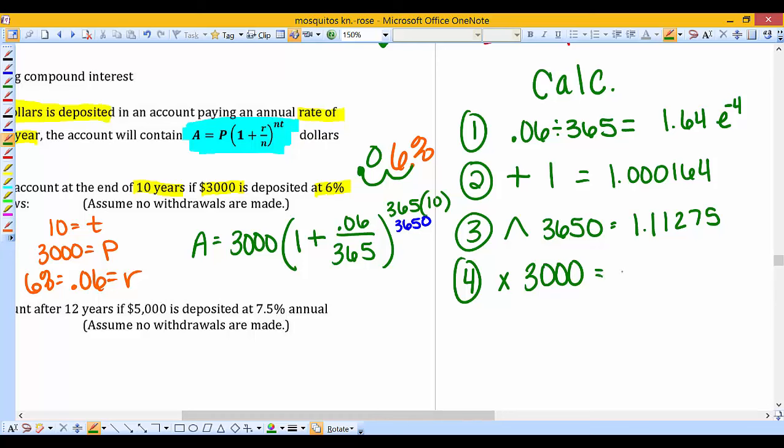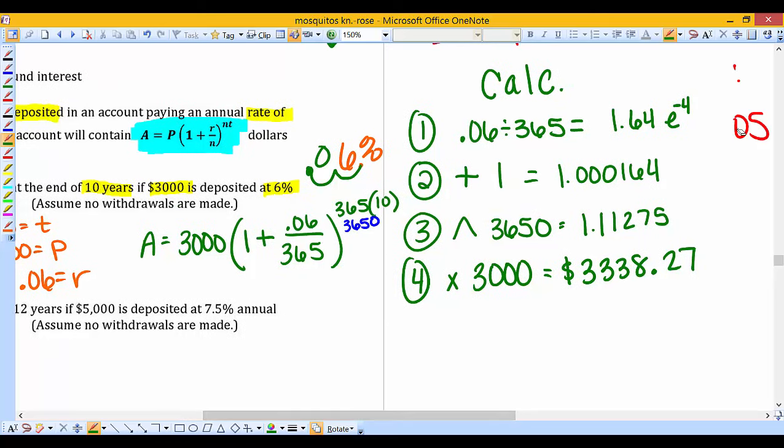And after 365 days of the interest being compounded, there will be $3,338.27. Here you round because we're dealing with money, and money only goes to 2 decimal places. So you do need to round there.